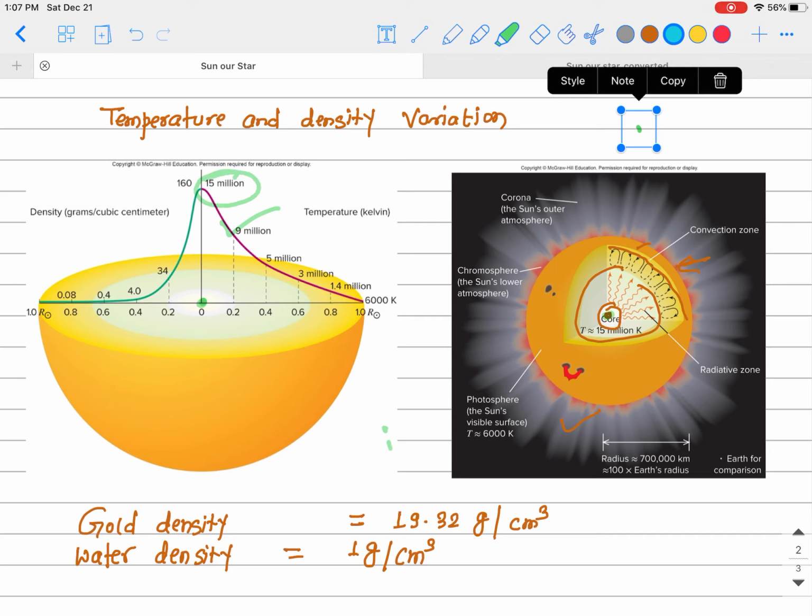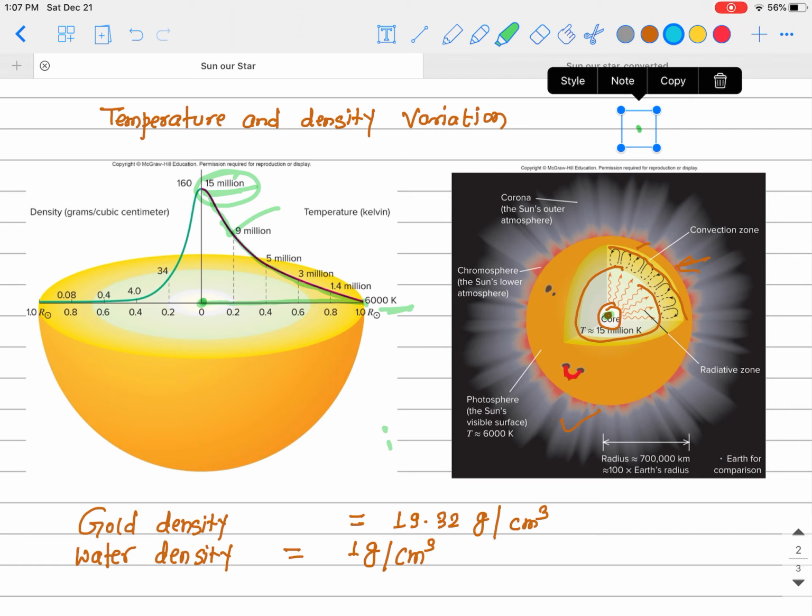And now if you come toward the surface, the temperature decays from 15 million Kelvin to 6,000 Kelvin. So there is a huge change in the temperature. That shows at the core it is extremely hot, 15 million Kelvin.